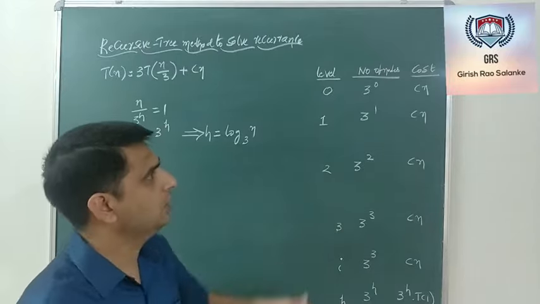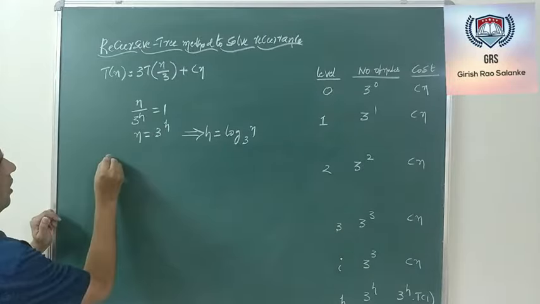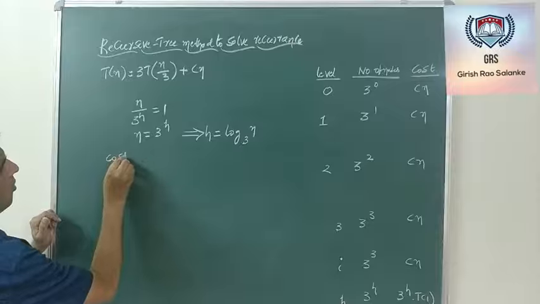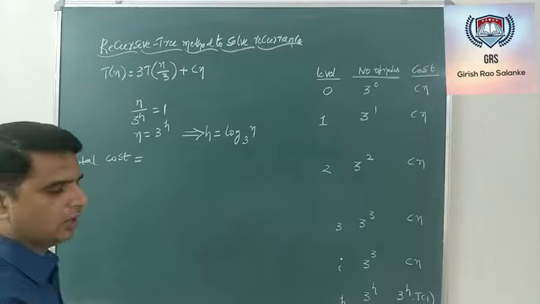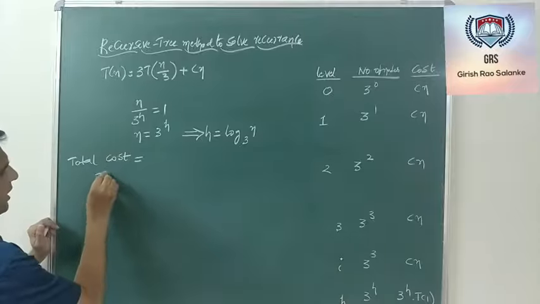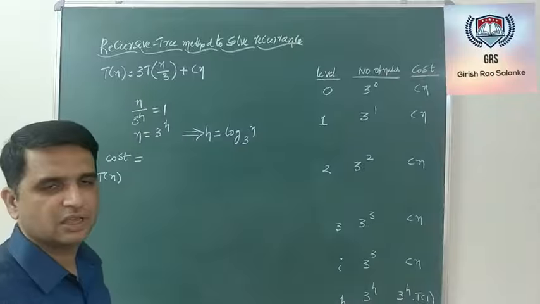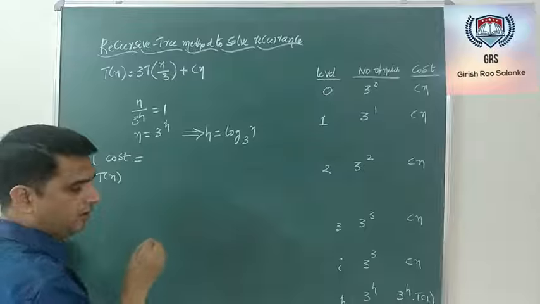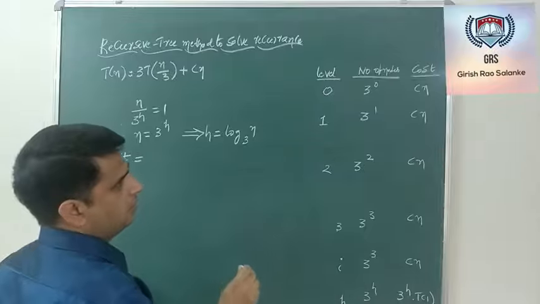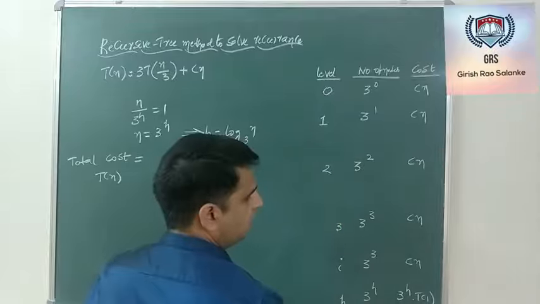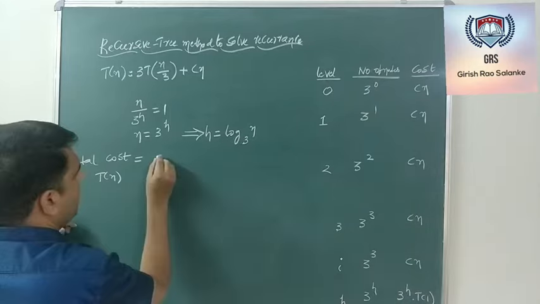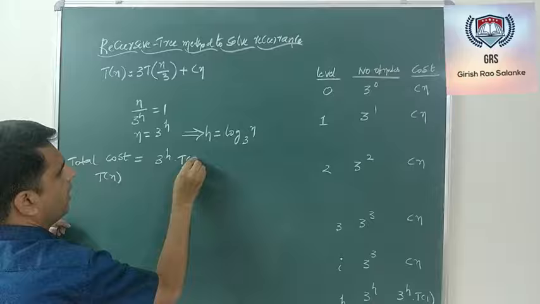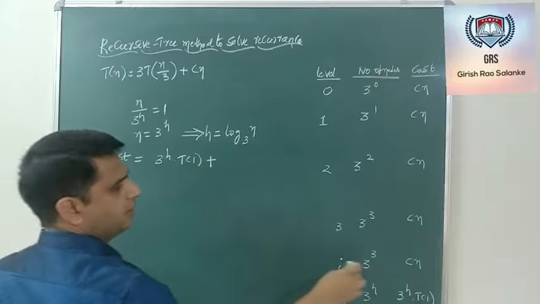Next, the total cost. What is the total cost? I can represent it as T of n. The total cost is nothing but the summation of all these things. First I will take the last level: 3 power h into T of 1, plus the summation of all these things.